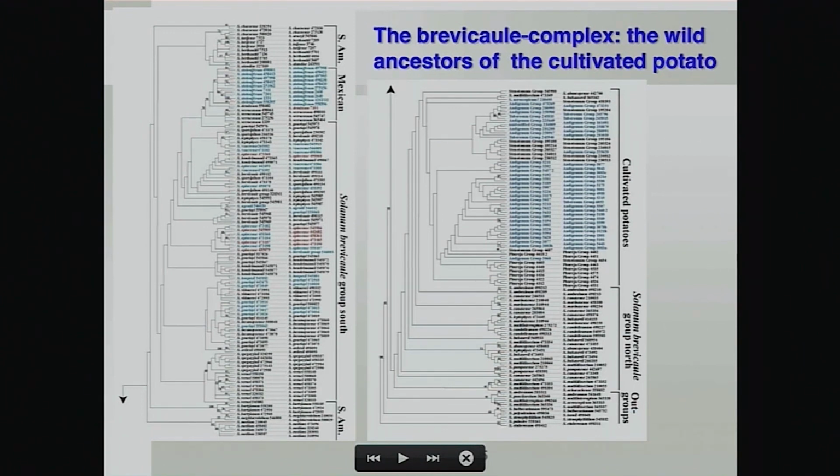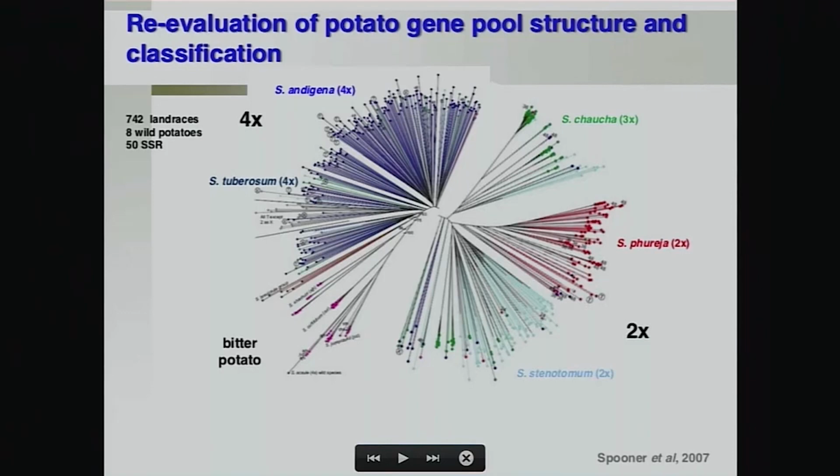The only thing that you can say here is that the data results are suggesting that probably the ancestors of the cultivated potatoes that are here are in species from the Brevicaule complex that are from the north, not from the south, okay? Because here are the Solanum brevicaule groups from the south, and here are from the north. That's the only thing that you can say, that results are suggesting. But with those bootstrap values, you cannot say more.